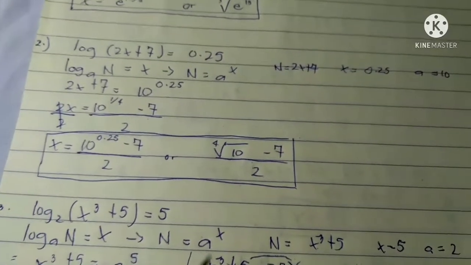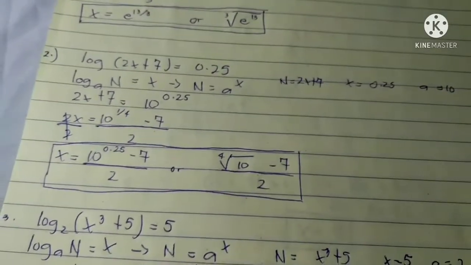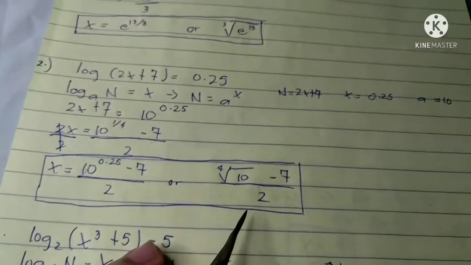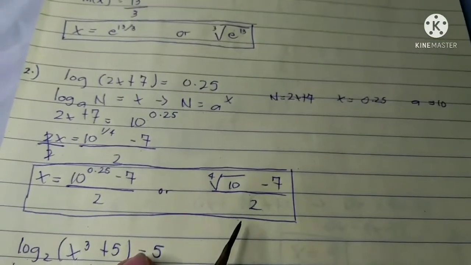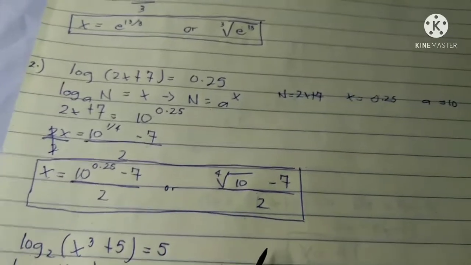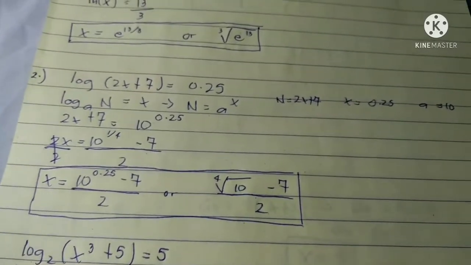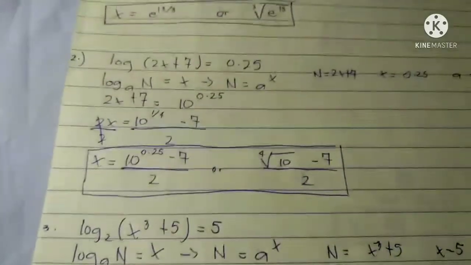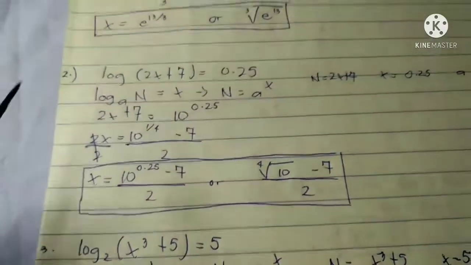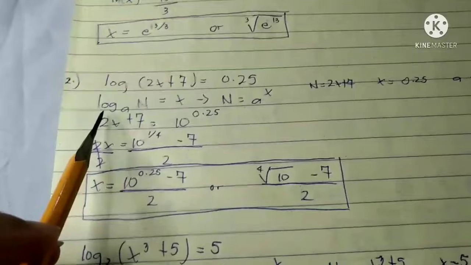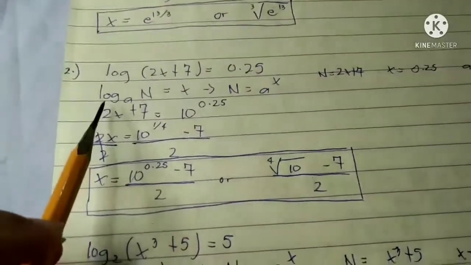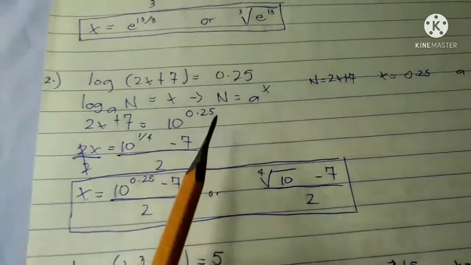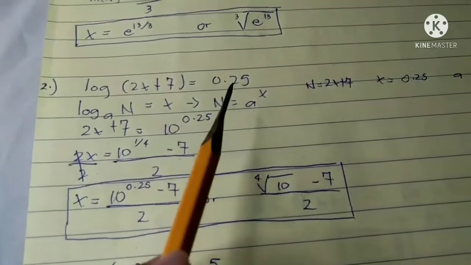the cube root of e raised to 13. For number 2, we have log of 2x plus 7 is equal to 0.25. What we're going to do here again is put this in exponential form. So to do that, we follow this: log base a of n is equal to x becomes n is equal to a raised to x.